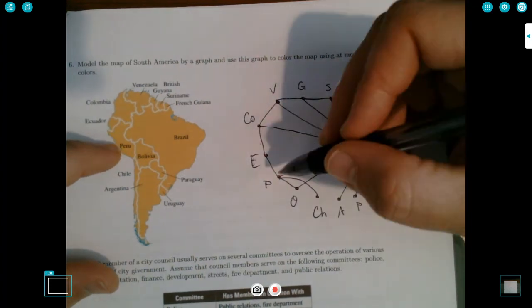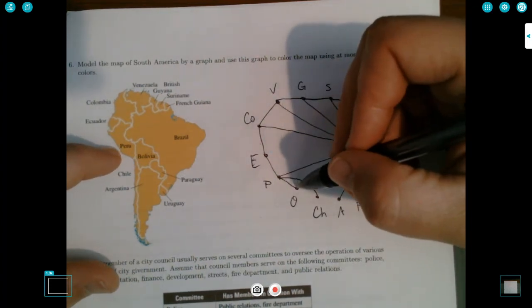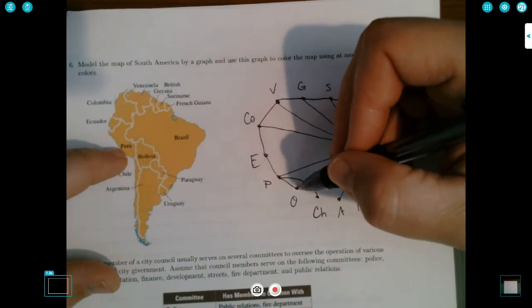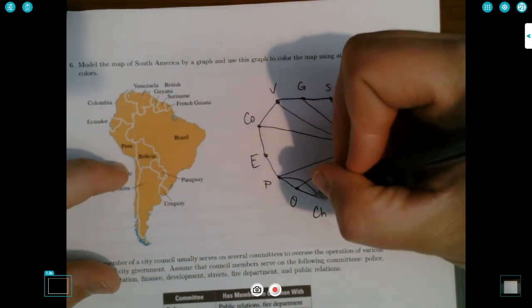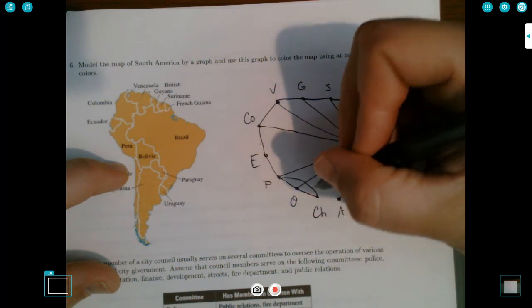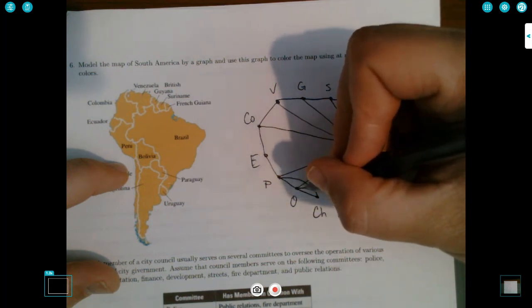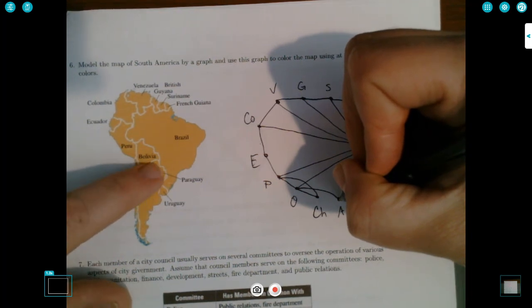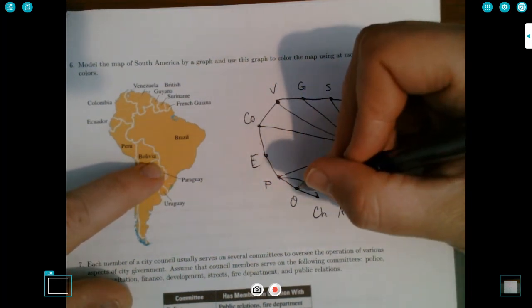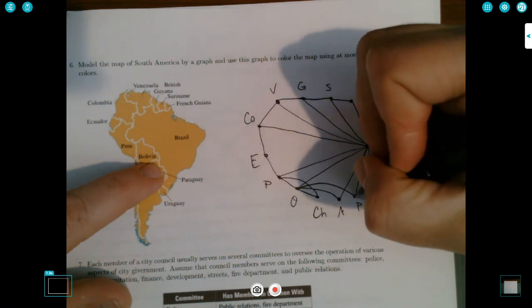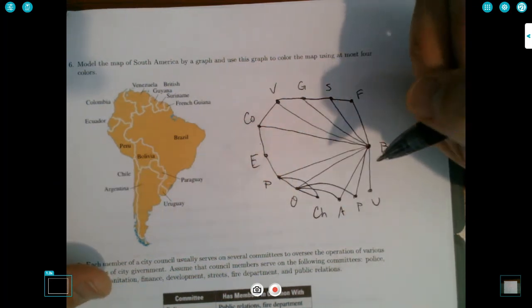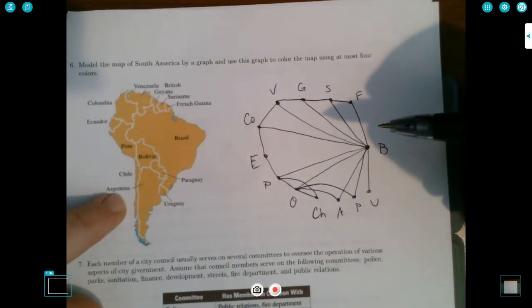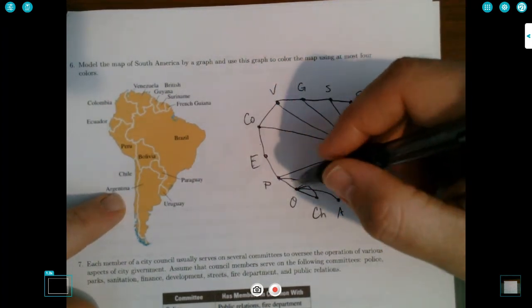Bolivia has borders with Peru, Chile, Argentina, Paraguay, and Brazil. Okay. Chile has borders with Peru.